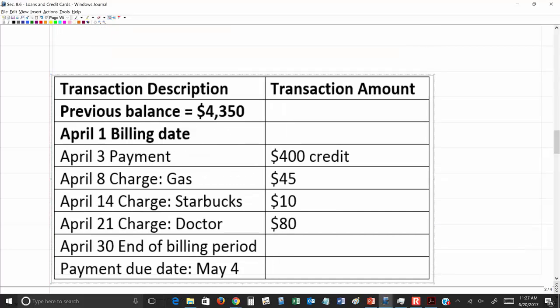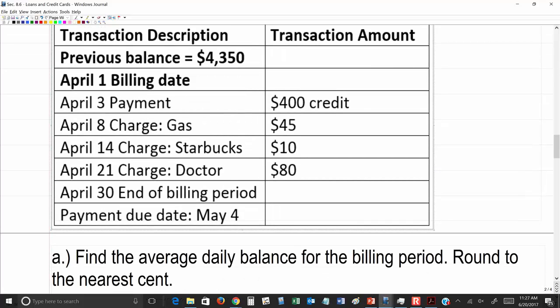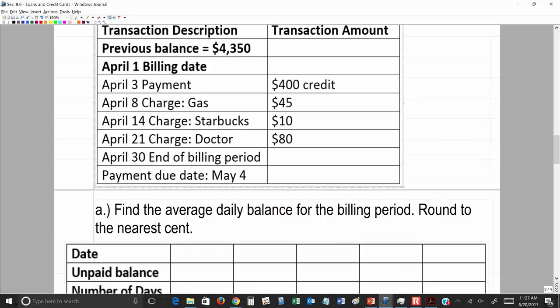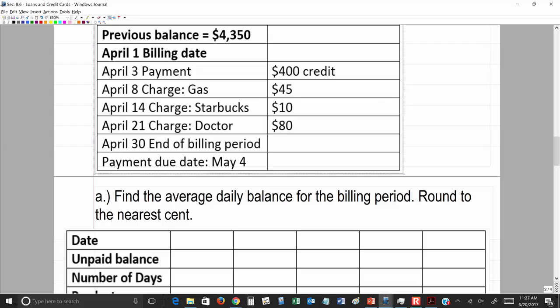We're going to do that by filling in this little table down here. We start off with $43.50 as the balance, so you're starting out with that on April 1st.